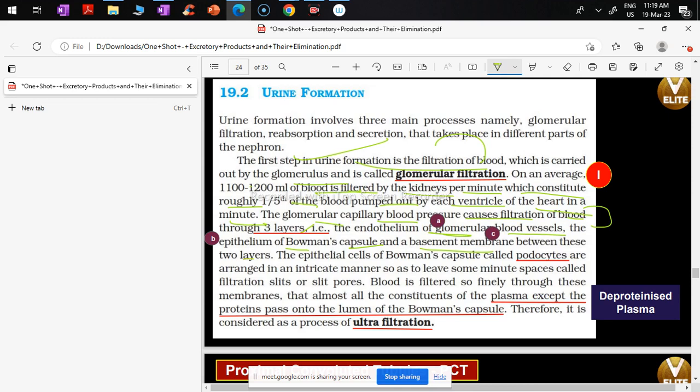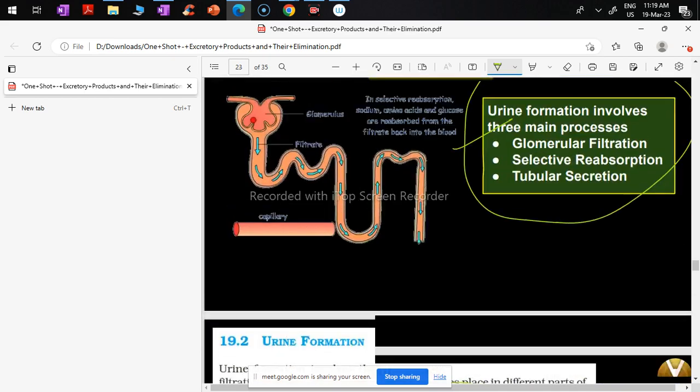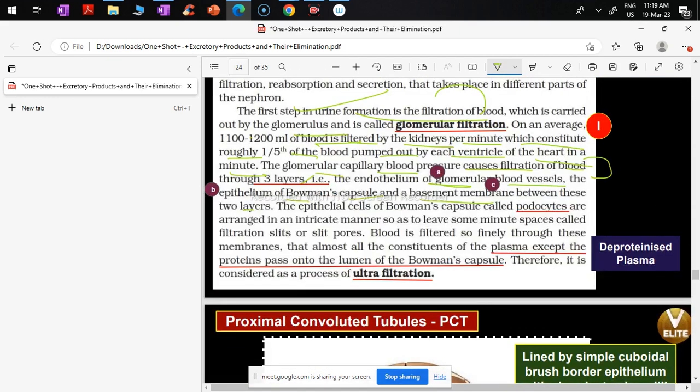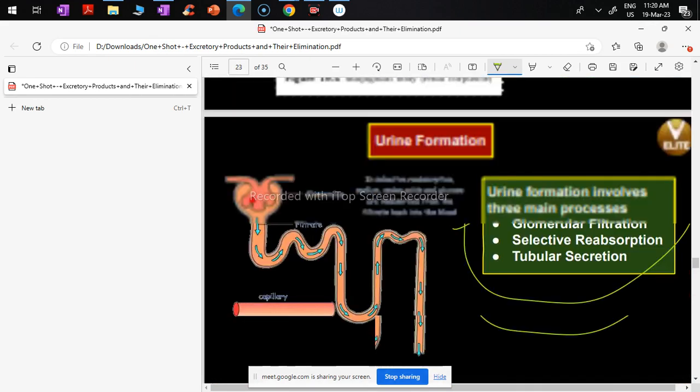First is the endothelium of the glomerular blood vessels and the epithelium of Bowman's capsule.